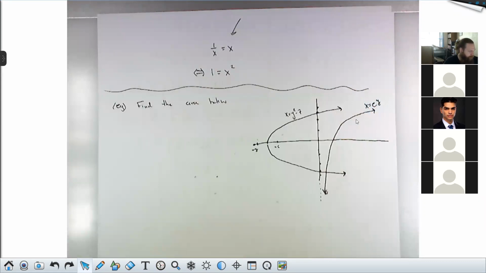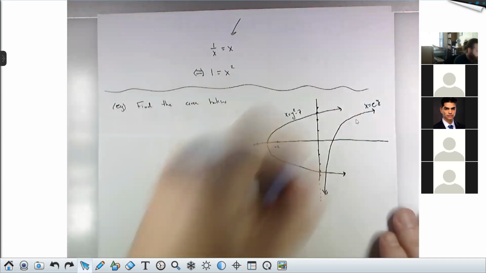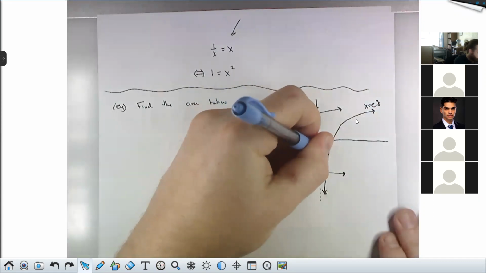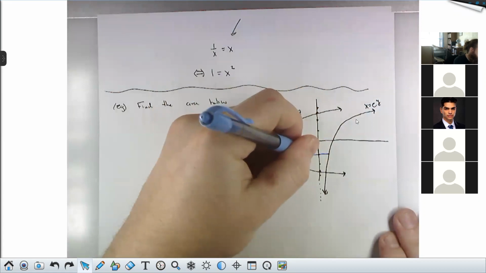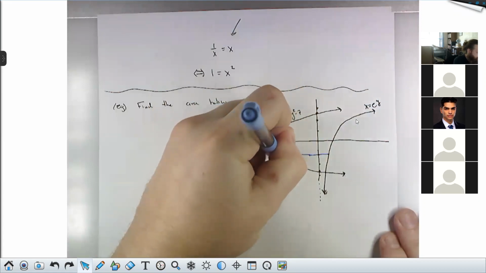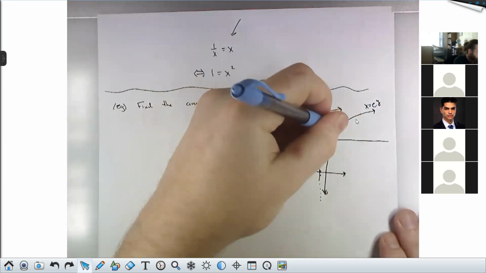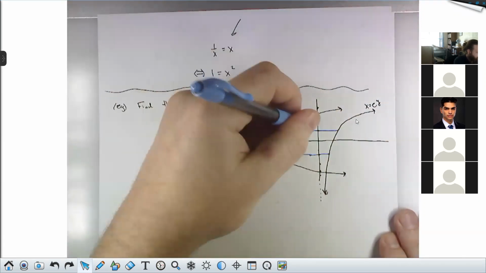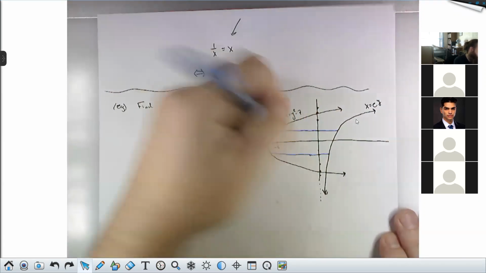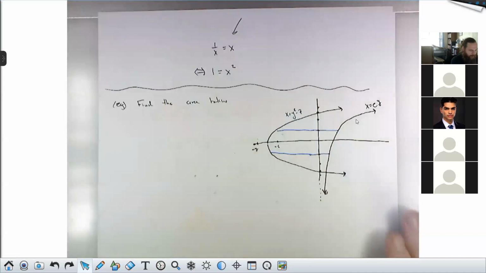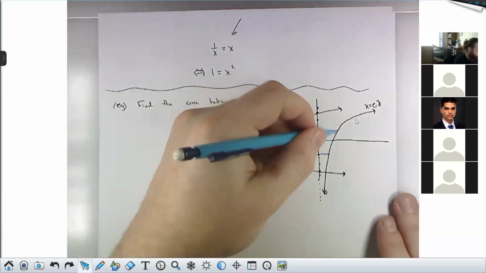The region they've shaded there is from -1 to 1. Those are y values.